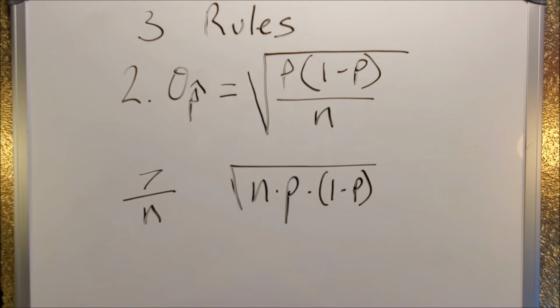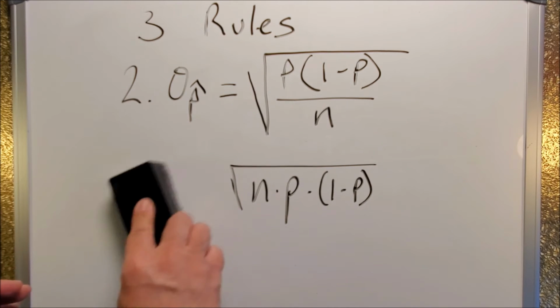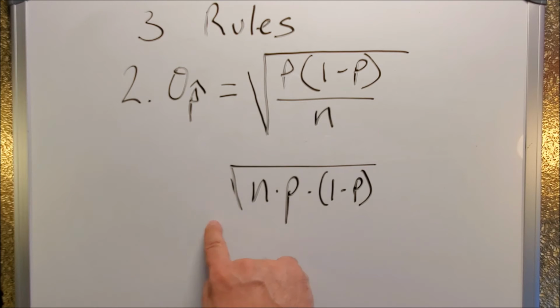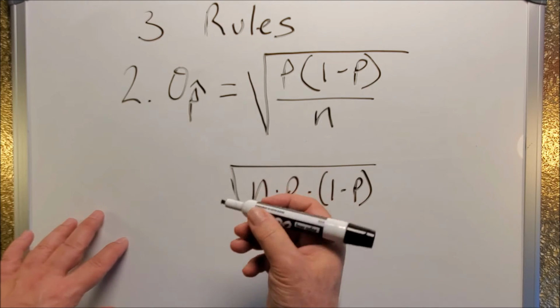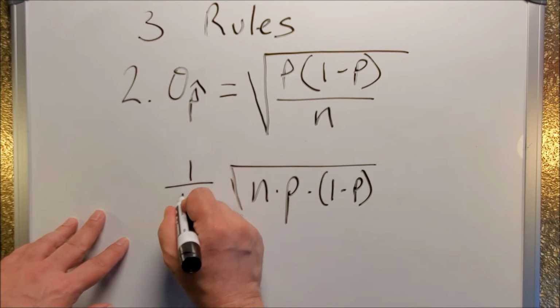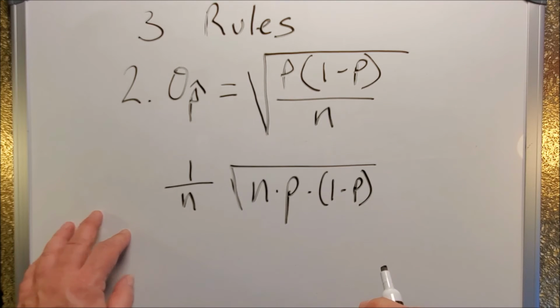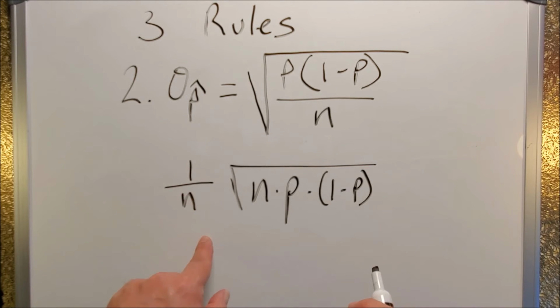It's my sample size. So this gives me a standard deviation of a raw number. I'm going to turn it into a standard deviation of a proportion by dividing by n. Well, that's fairly easy. What happens when we move 1 over n into the radical?